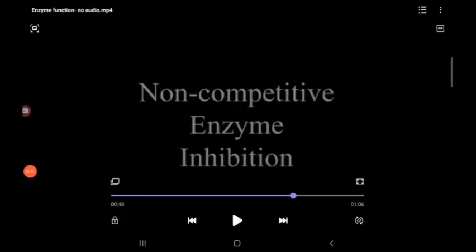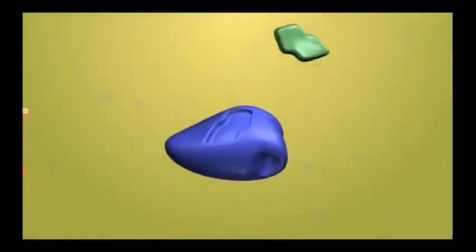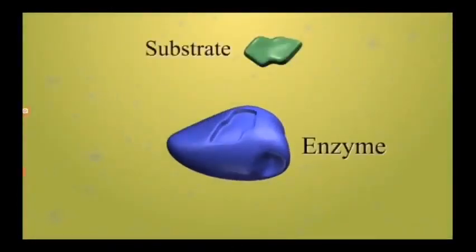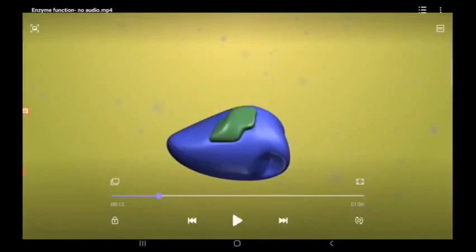So let's revise one more time with an animated video. In general, this is an enzyme, and this is the active site.